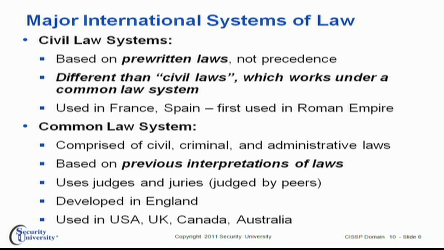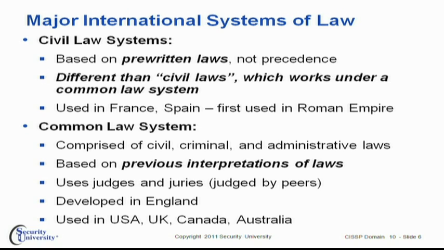The common law system reflects the legal environment that was created and pushed forward by the British Empire. So remember, they used to make the statement that the sun never set on the British Empire. Former members of the British Empire all practice, for the most part, with few exceptions, if there's some type of religious override, if you will, the common law system.